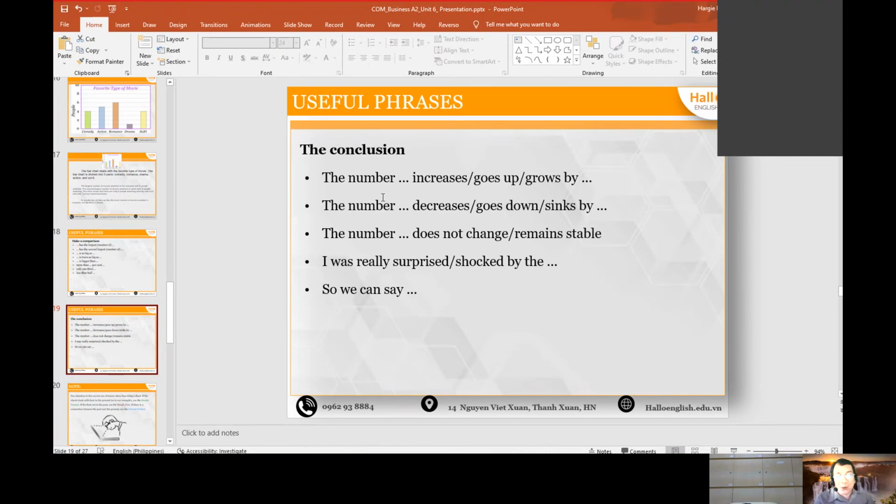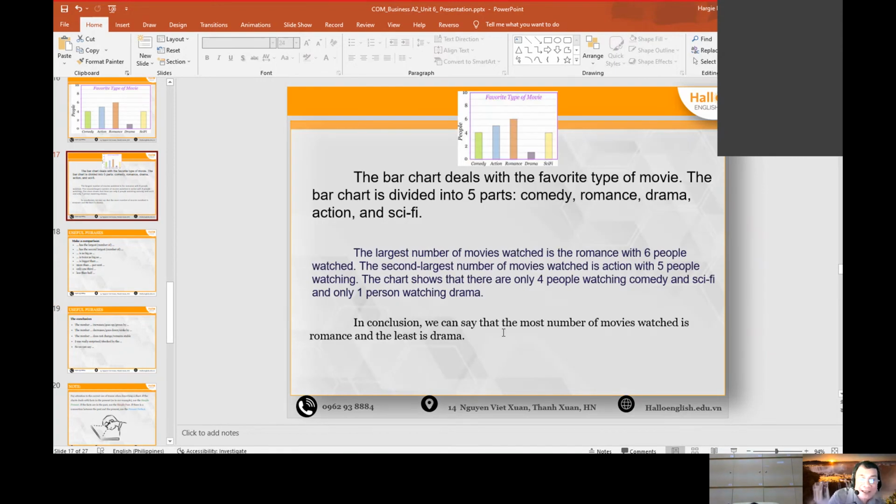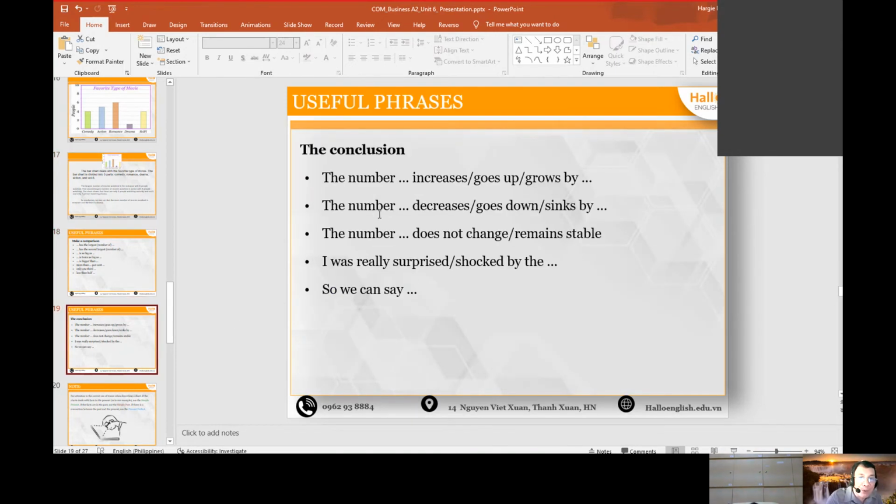Then what about the conclusion now? In the conclusion, we can say the number increases, goes up, or rose by. Look at this one: in conclusion, we can say that the most number of. We can also use the number decreases, goes down, or sinks by.